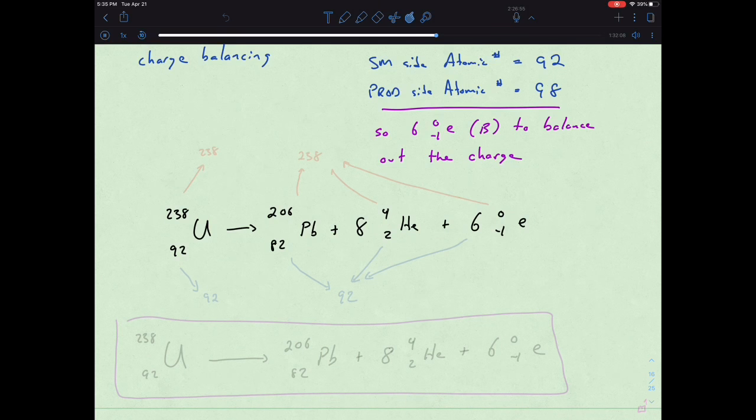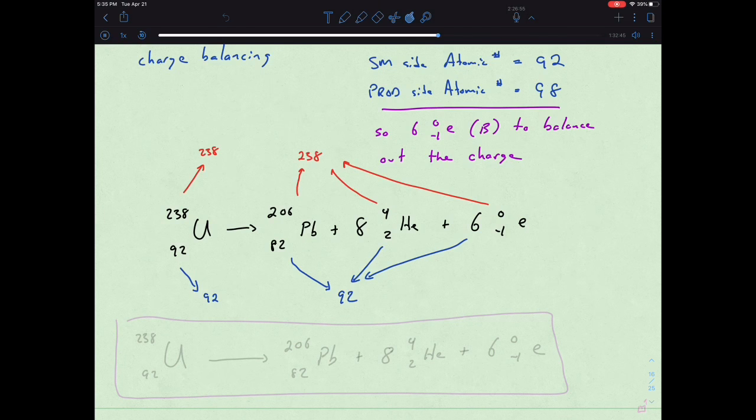Where now we have everything balanced. We have our sum of 238 balanced out as well. If we add up all those masses, we get 238. And if we then add up all the atomic numbers or the charge, we also get 92 on both sides.